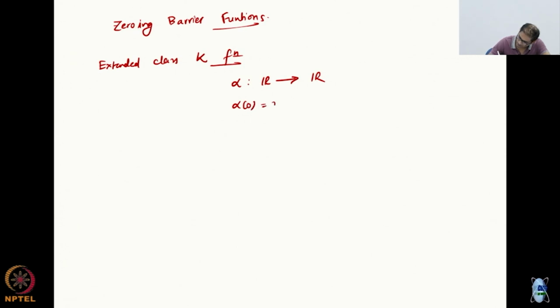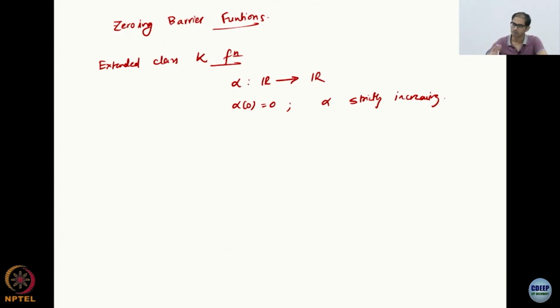So alpha(0) is 0 and alpha is strictly increasing. Basically, negative arguments are allowed. It is not necessary that the argument must be positive, because if you remember, we always take this class K function of norm of x, or norm of x squared, where the argument is the norm. So the arguments were positive.